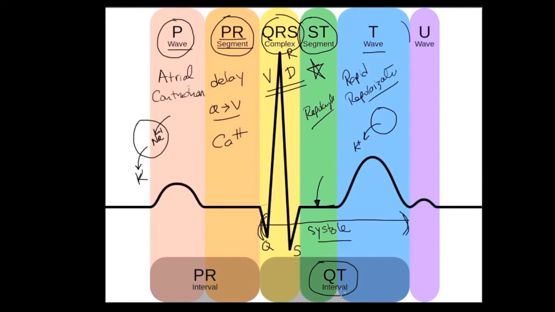You'll notice that the majority of the QT interval is made up of the time of repolarization. If someone's QT is too long, in other words, if the repolarization is taking too long to occur, the patient can be susceptible to very bad arrhythmias. And you can measure this. Now, the QT interval has to be corrected for the heart rate, and so we come up with something called the QTc, with a little c.